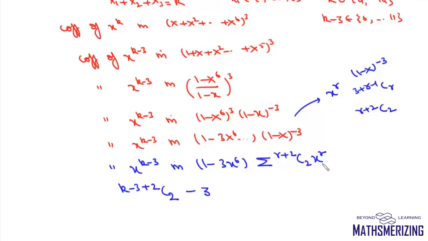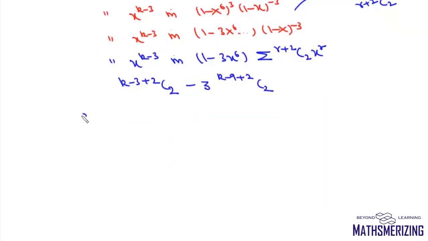So there will be k minus 9 plus 2 C2. So the sum of the numbers will be k in k minus 1 C2 minus 3 into k minus 7 C2 ways.